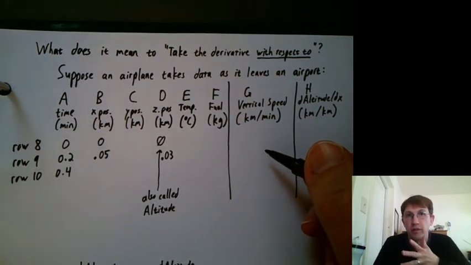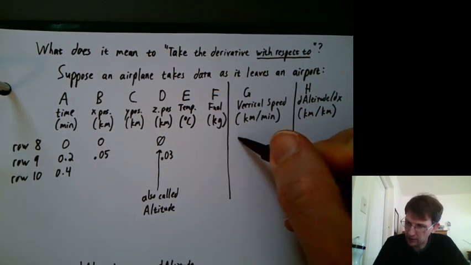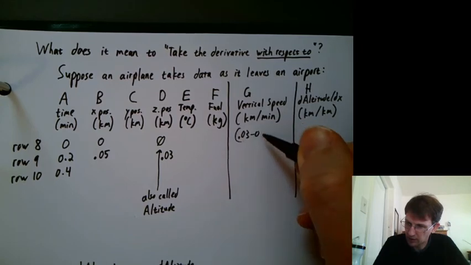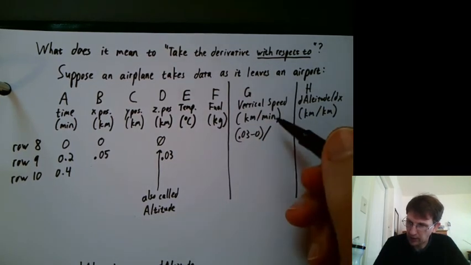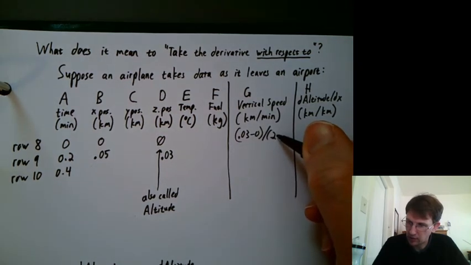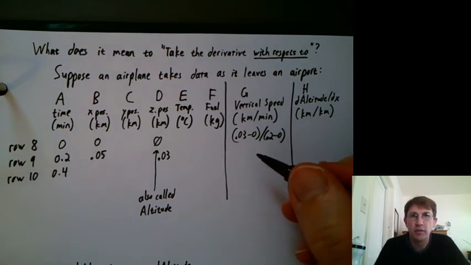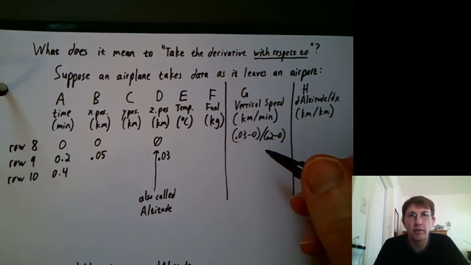Well, you'd probably use a difference quotient, and you could say its vertical speed is like 0.03 minus 0 divided by how many minutes have gone by, which is 0.2 minus 0. I didn't check that these are reasonable speeds for an airplane, but whatever.